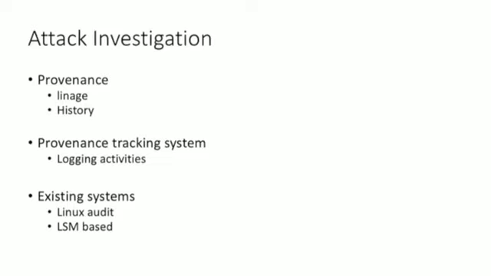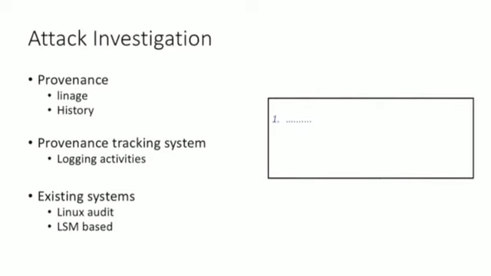There are many existing provenance systems. For us, we use the Linux audit system. It's actually built into the Linux mainstream kernel. And some other researchers use others, like the Linux security module, to monitor all the inodes and log all the activities. A very typical log will look like this.